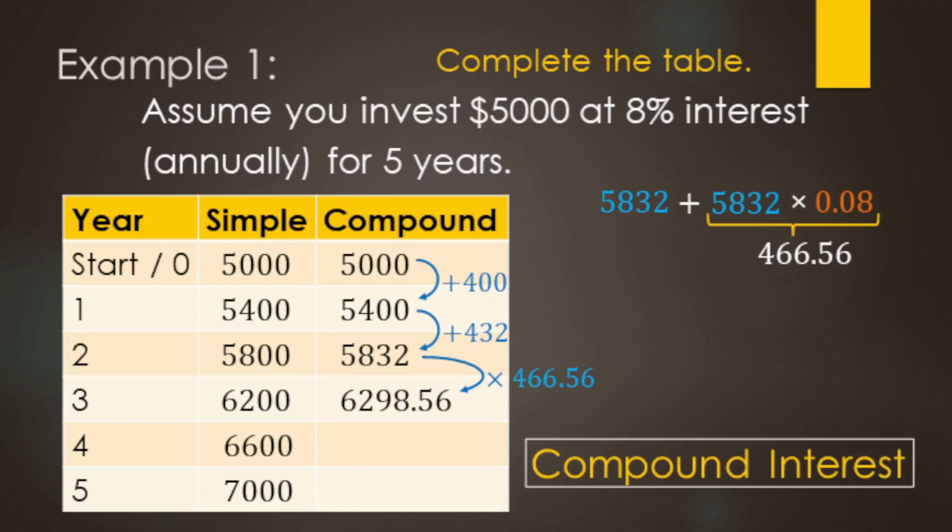So just kind of back up a little bit, look at this pattern here. You take your initial amount or last year's amount, plus 8% of last year's amount, okay? So here's 8% of last year's amount there, and we're going to add to that last year's amount. So last year's amount plus 8% of last year's amount.